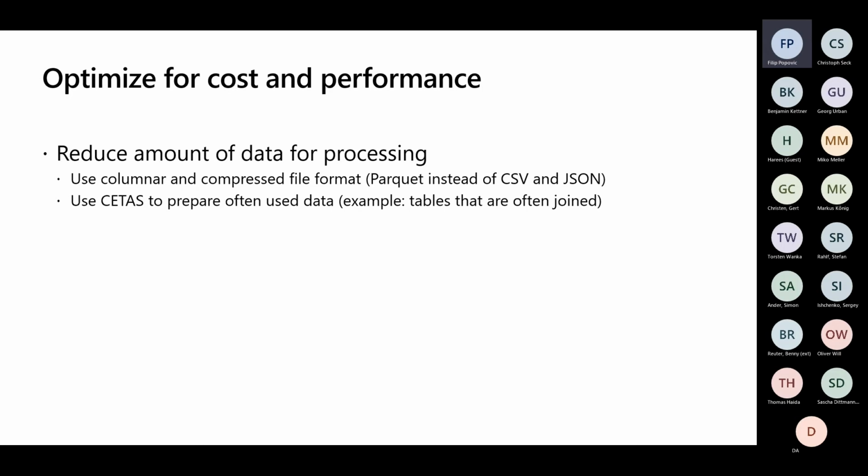You use CTAS to store most often used data or most often joined data, or pre-aggregate your data and store the results into a new external table in storage. Then your users will target that table, which already has pre-aggregated or prepared data, instead of each user running a query from a report, and each query having to read much more data, process it, and take longer, and so on.